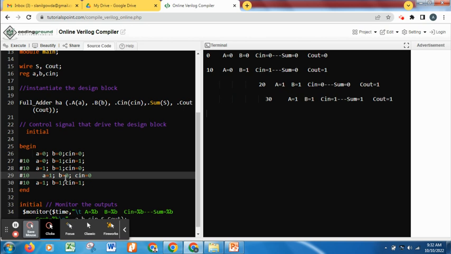For this combination, the expected result at the 30th time unit is sum as 1 and C out 0. And at the 40th time unit, I'll get the last combination.